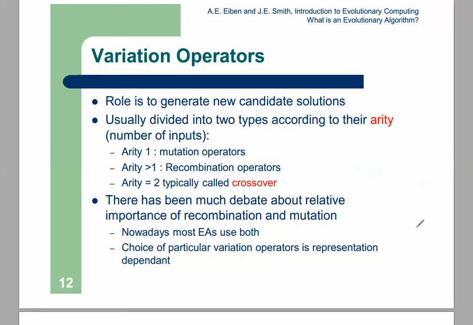And in nature, we don't have this combination of more than two parents. Only two parents recombine or crossover to produce a new generation. And the mutation is one arity, where each time one individual is selected and a gene is changed randomly.